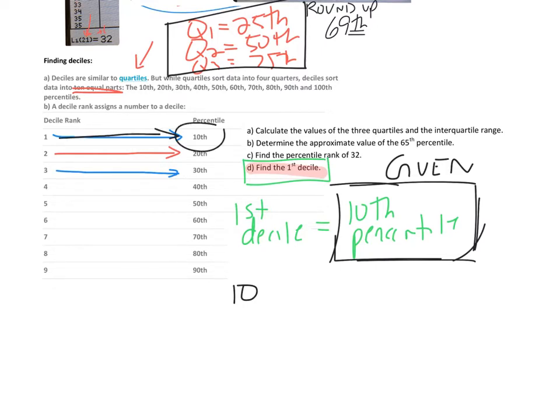You take the percentile rank, which is 10, divided by 100, and then multiply it again by the number of numbers. So if you were asked to find the 7th decile, you would instead find the 70th percentile. So the deciles are just fancy ways of grouping the percentiles by 10. So here I want you to do 10 over 100 on your calculator, multiply that by 30, and then take a picture of your result.